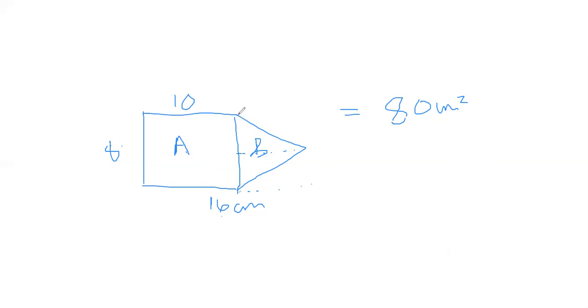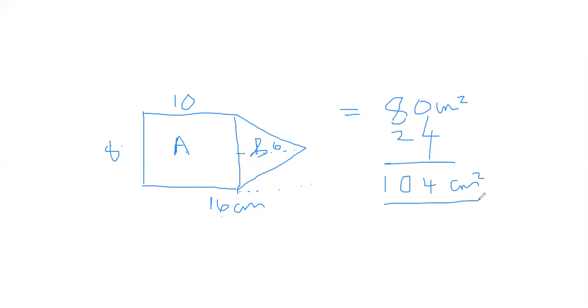Meaning this part is 6 centimeters, which means our height is 6 centimeters. So we're going to say 8 multiplied by 6 is 48. 48 divided by 2, we get 24. So our area of this shape is 104 square centimeters.